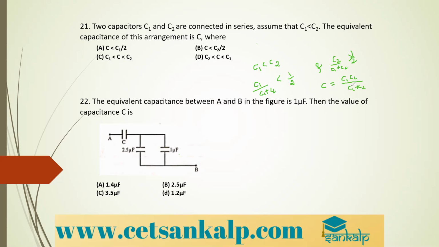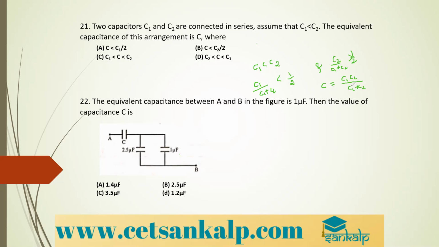Then the next question: the equivalent capacitance between A and B in the figure is given as 1 microfarad. Then the value of capacitance C is? We need to calculate the value of the capacitance.